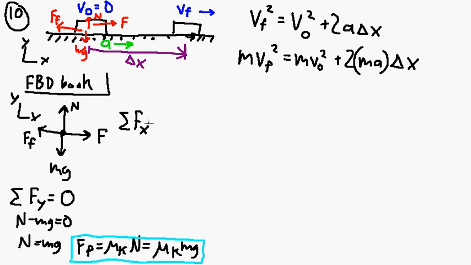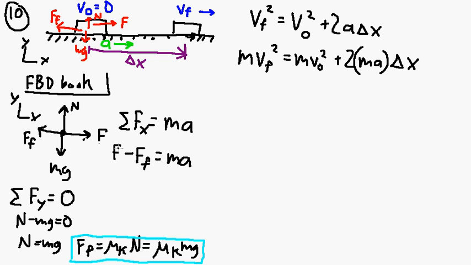The sum of forces in the x direction: it's accelerating to the right, positive x, so this is going to equal mass times acceleration. What forces do we have? We have F going to the right, and we have the friction force going to the left. Those equal ma.